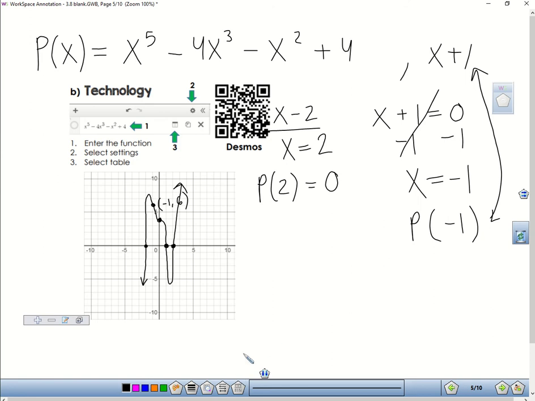0. And if I wanted to do, let's say, x plus 2. That's p of what? -2. Where's that hit the graph? 0 as well. So these two hit the graph at 0. So what do we know about these two expressions?